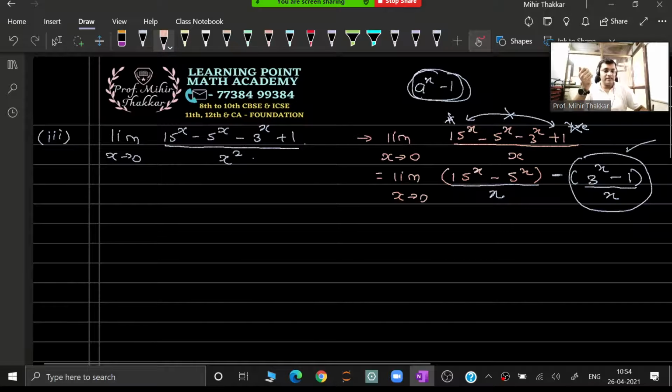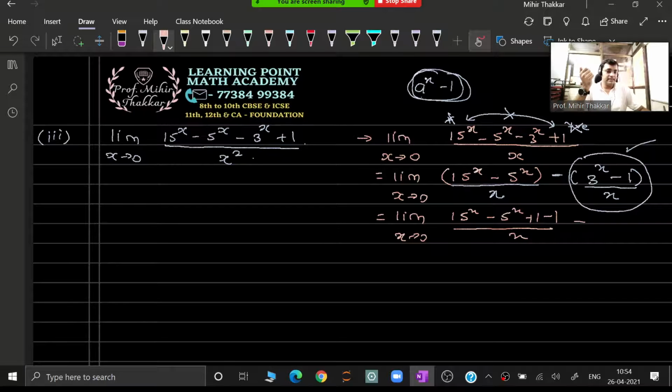So obviously in the next step you will write it as 15 raised to x minus 5 raised to x plus 1 minus 1 upon x, minus, bring it down as it is without any change, and adjust plus 1 and 15 raised to x and minus 1, adjusting these both terms together so that I can get my standard formula: (15 raised to x minus 1) minus (5 raised to x minus 1) divided by x, and this term comes down as it is.